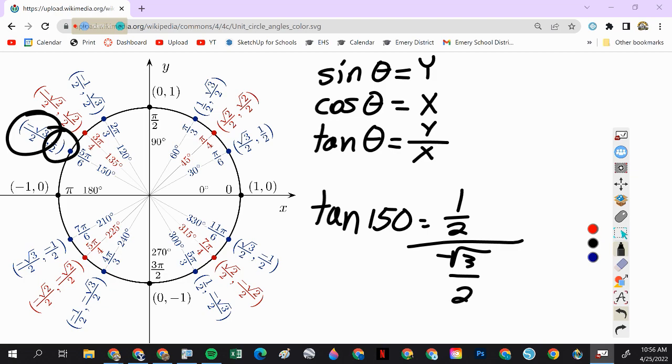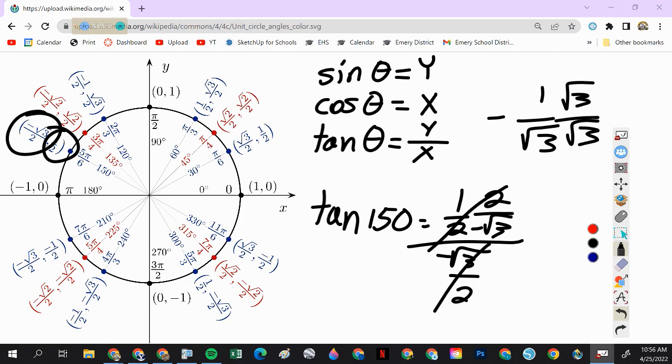Flip and times 2 over negative root 3. The 2's cancel, and I get negative 1 over root 3. But I can't leave it like that. So I need to multiply this by root 3 over root 3, and I get negative root 3 over 3. Okay.